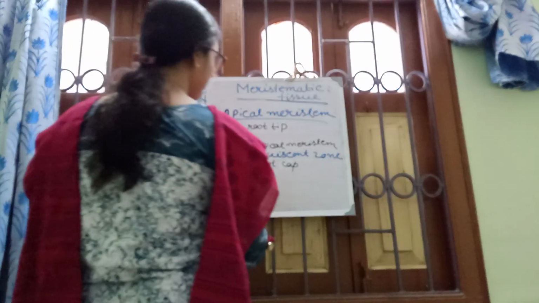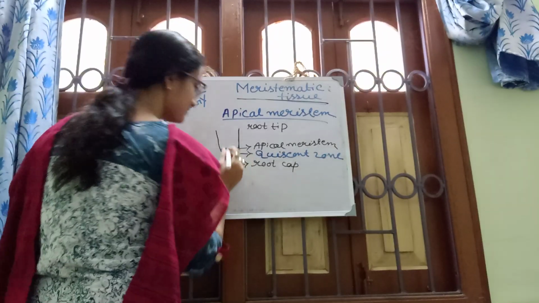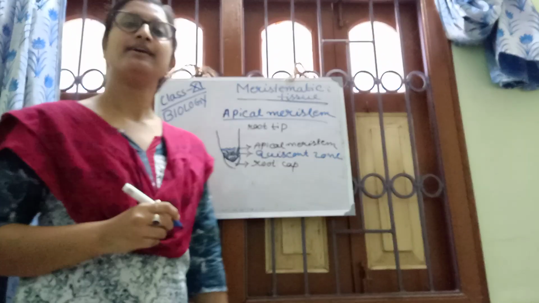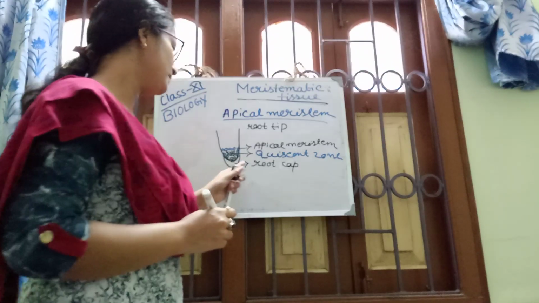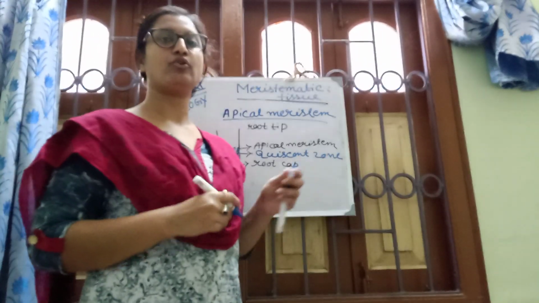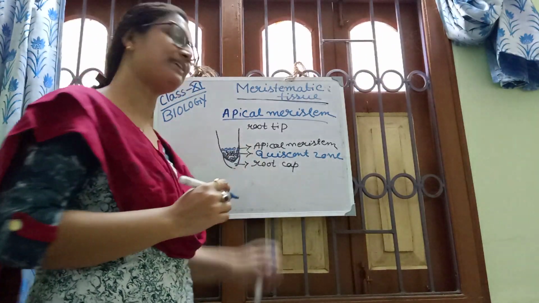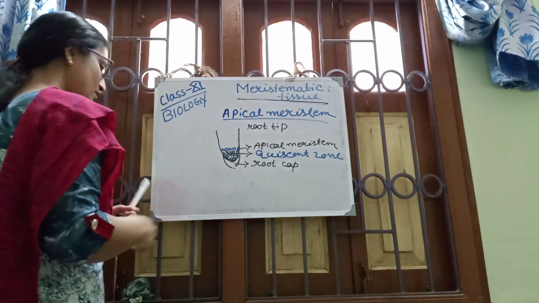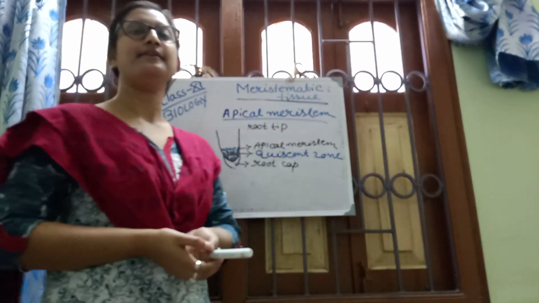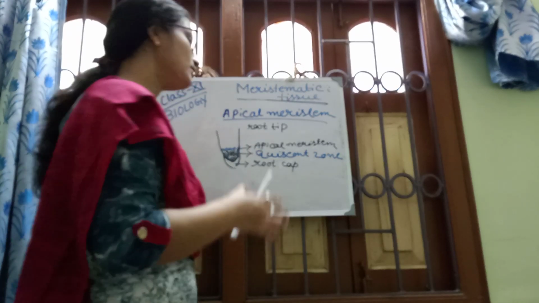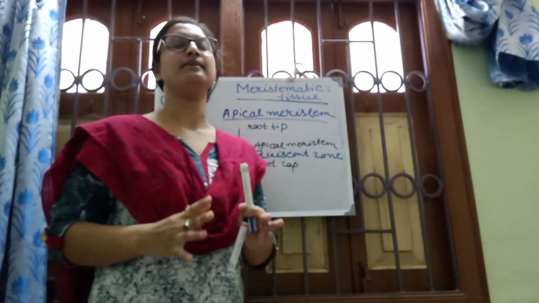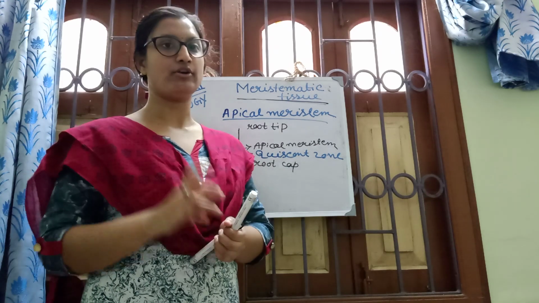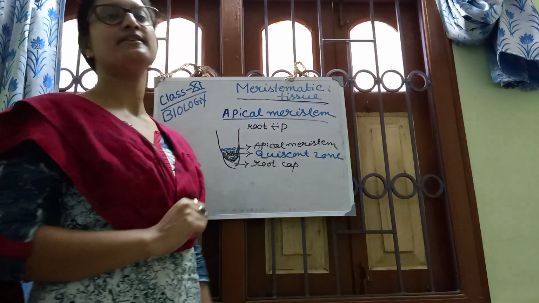This is the root cap, and the apical meristem is present in the root tip. But if the meristem continuously divides to form the root cap, then it is called calyptrogen. Otherwise, in the root tip, only the apical meristem is present.